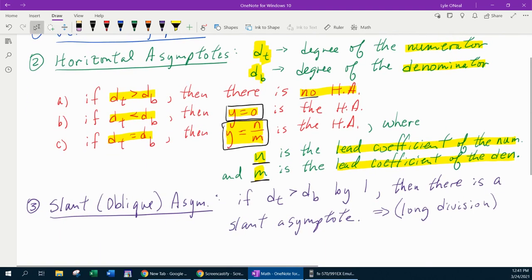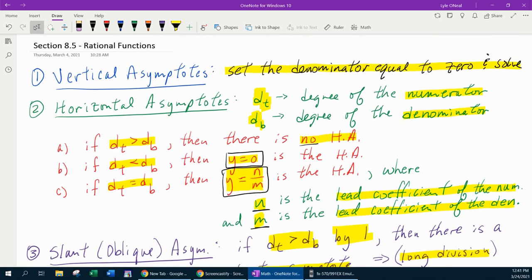Last, slant asymptotes occur if the degree of the top is greater than the degree of the bottom by exactly 1. Okay, and the way that you find a slant asymptote is you have to do long division. And so now that we've got through the introductory definitions and criteria, we need to look at some examples.